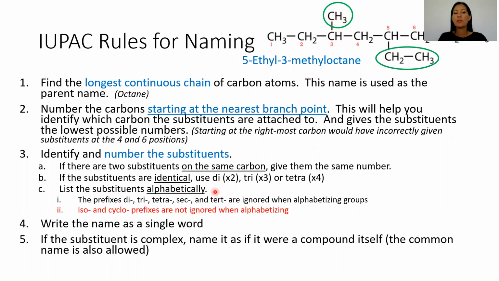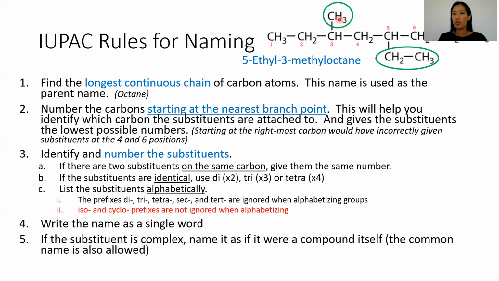Next, you list the substituents alphabetically. Let me tell you something. Prefixes are ignored. However, 2 prefixes are not ignored. You count iso and cyclo in alphabetizing. So let's do this.